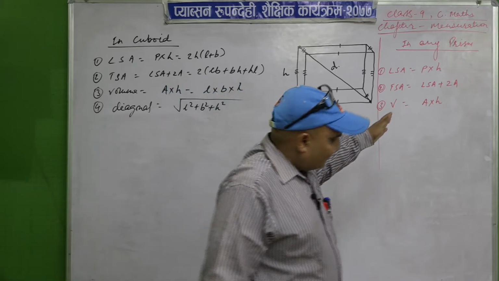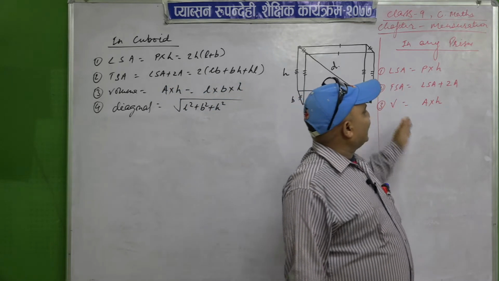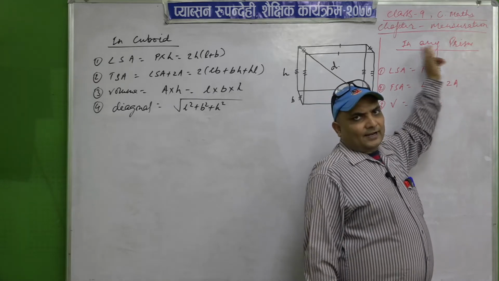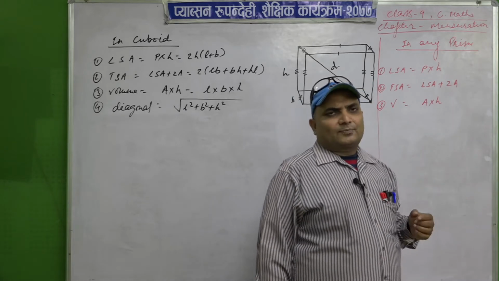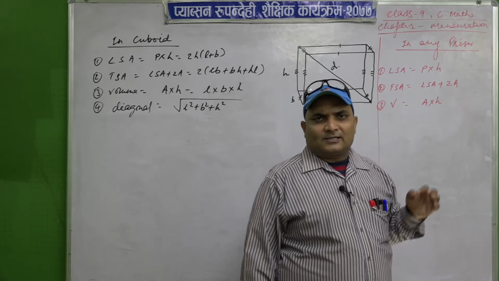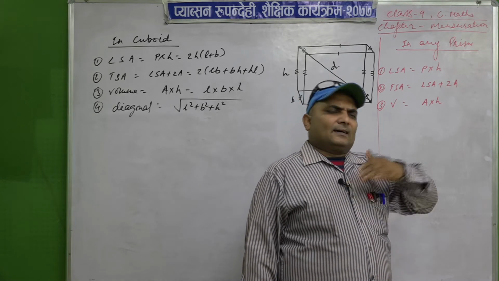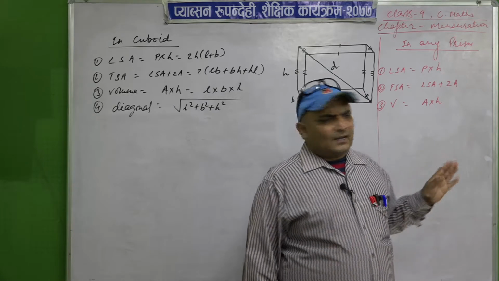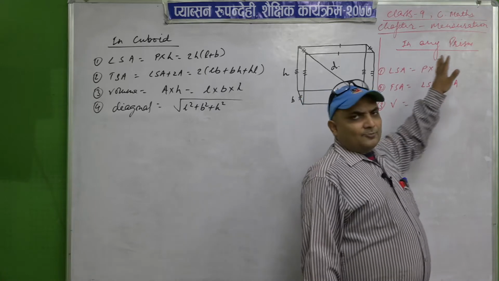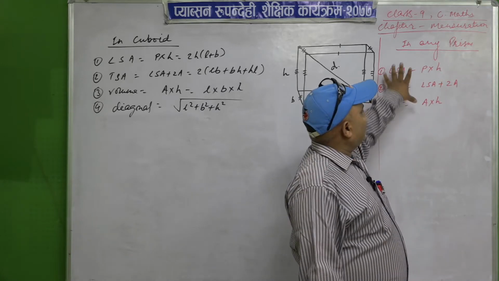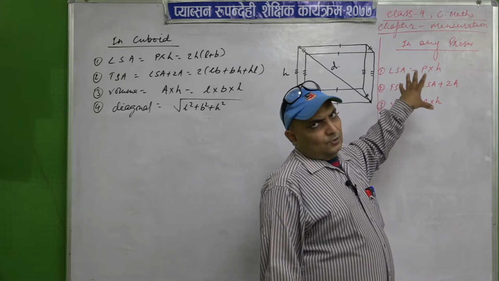And yesterday we derived some relations for any prism, either it is a triangular prism, a rectangular prism, a square prism, or any type of circular prism, etc. In all types of prism, this relation should be known.